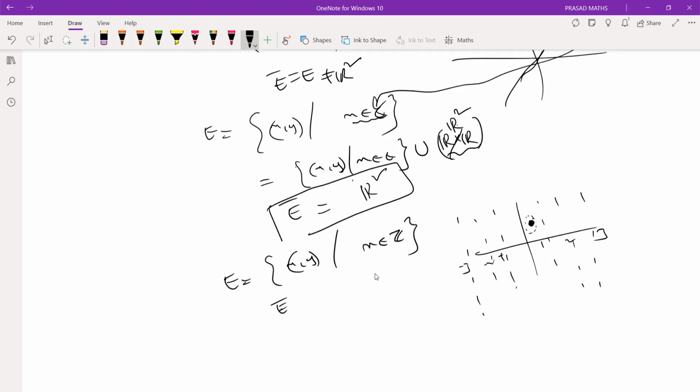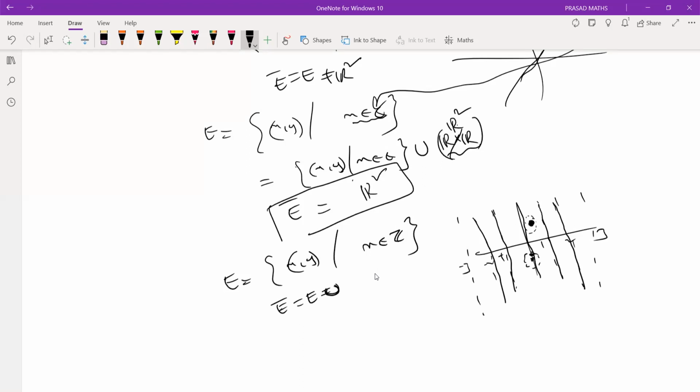What are my limit points? Only the points which are on these lines. Yes or no? Because any neighborhood of such a point contains at least one point other than the point itself.